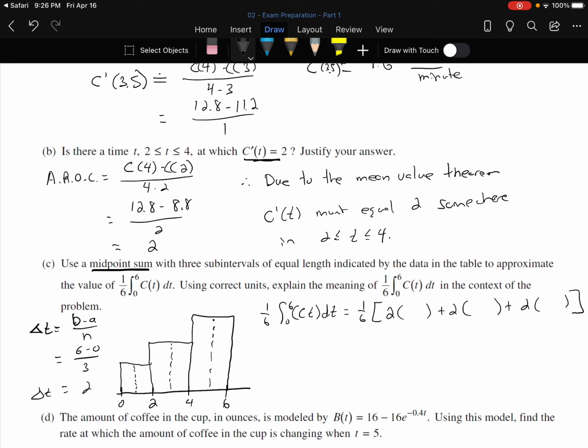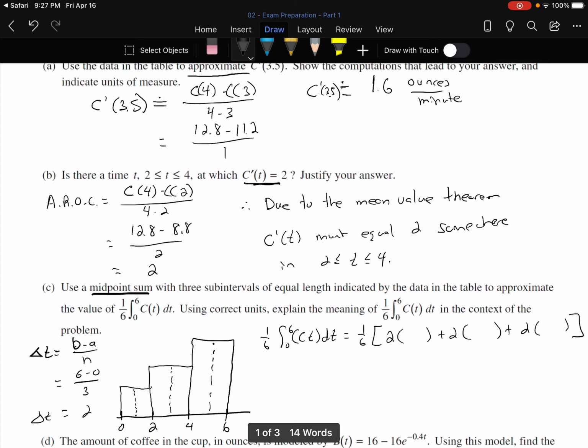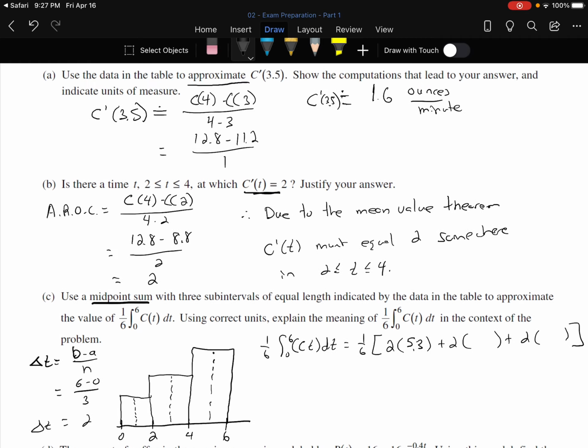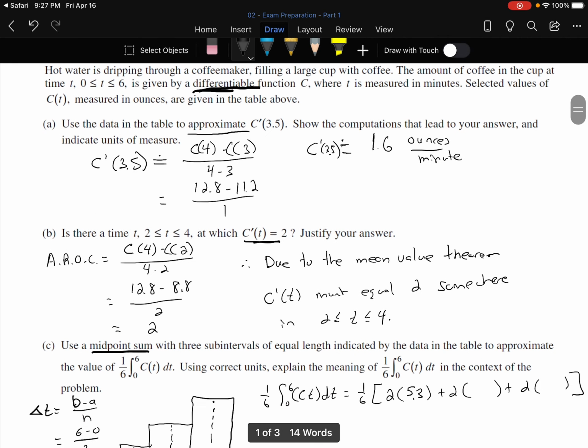And I like writing it out like that, where I put all the widths in there to remind myself I'm just finding the area of 3 rectangles here. Each rectangle has base 2, and I just need the heights. So I need to know what was the value at 1, and the value at 1 was 5.3, so I'll put that in there. And the value at 3 was 11.2.